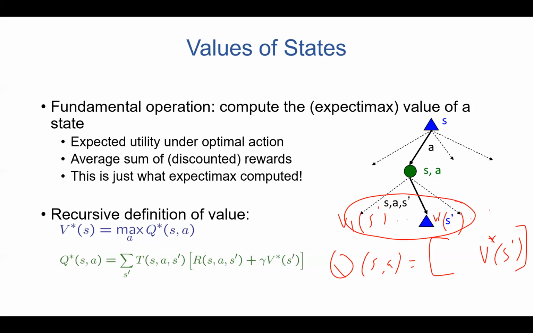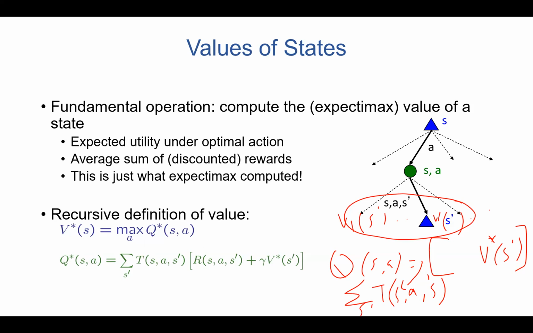If you remember in expect-max search, we had P1 times V1 plus P2 times V2, and so on and so forth. We had that equation in expect-max. And where are those probabilities coming from? Which is right here, T from the current state, taking an action, to going to S prime.